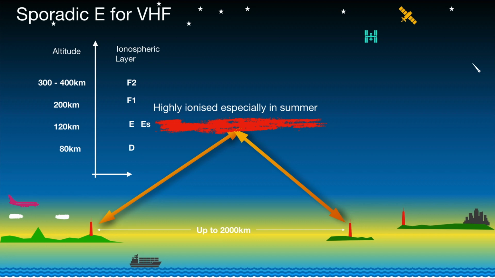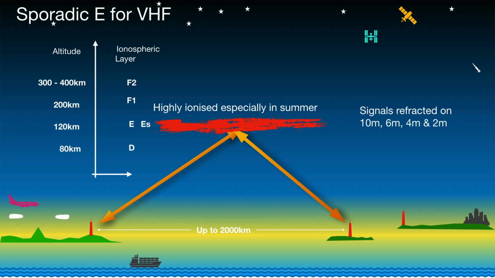And sporadic E refracts signals on the 10 meter, 6 meter, 4 meter, and 2 meter. So 10 meter is not strictly VHF, it's 28 megahertz roughly for our bands anyway, or 30 megahertz if you took it exactly.